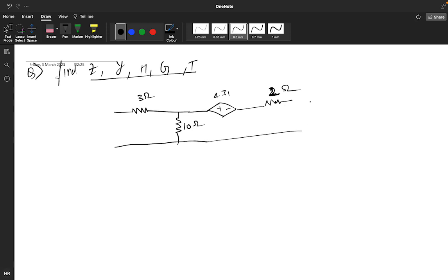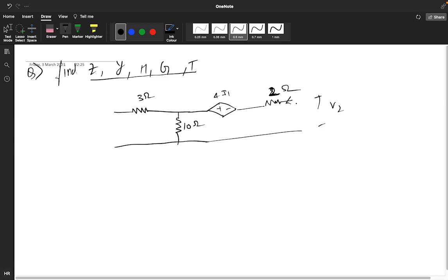And this is your positive negative V2, it's I2. Positive negative V1, this is I1. So you have this network and you need to find your Z parameter, Y parameter, H parameter, G parameter, and T parameter.